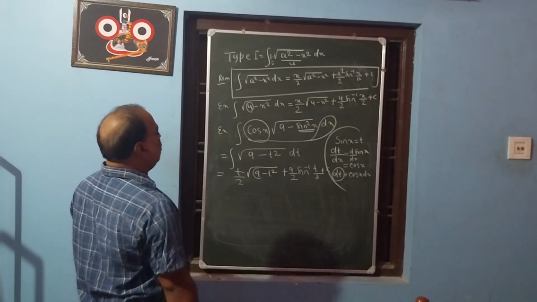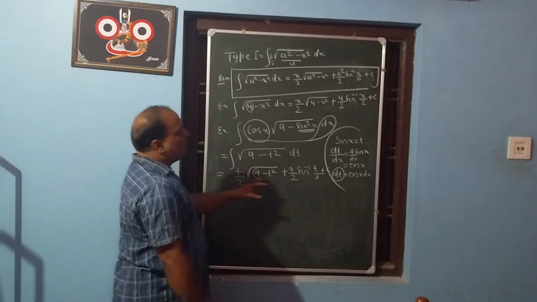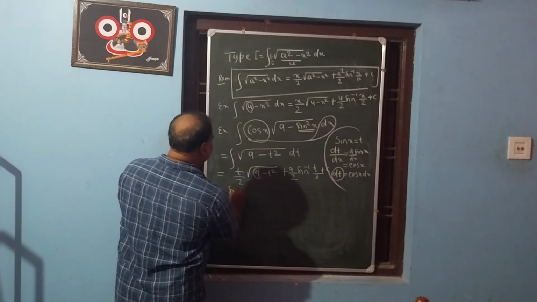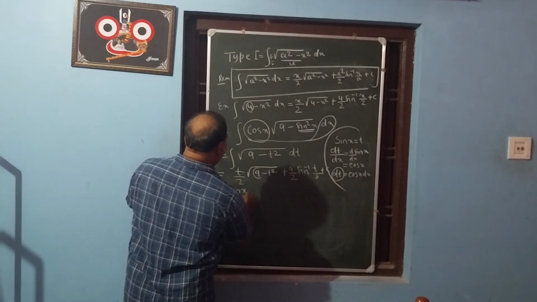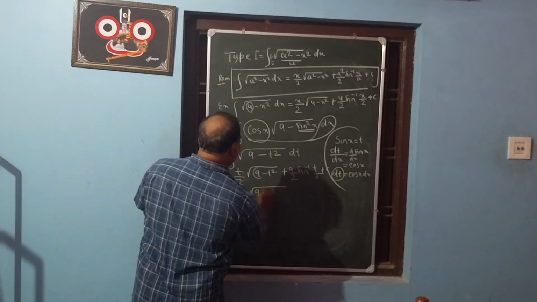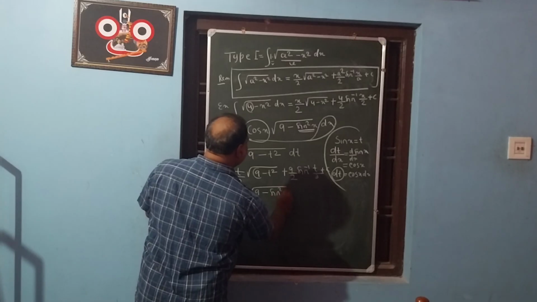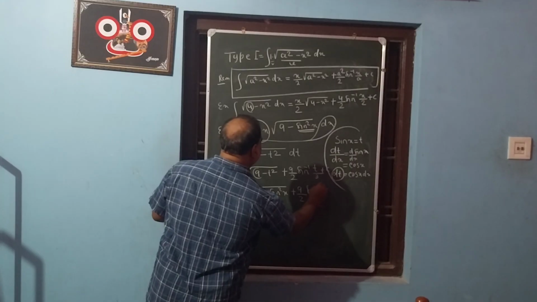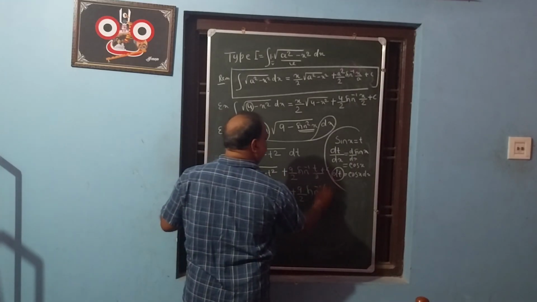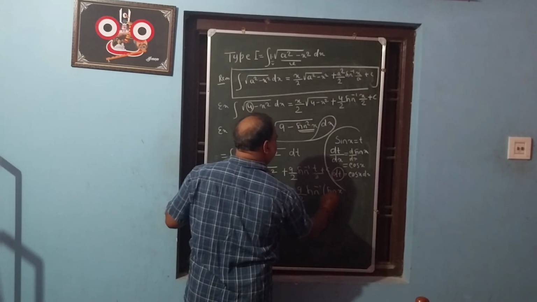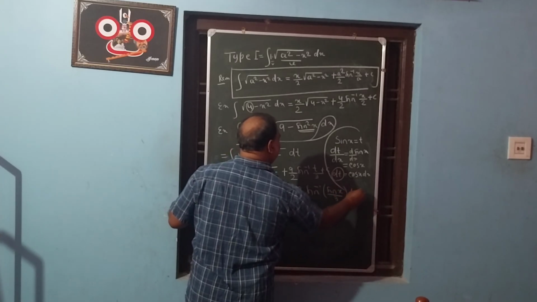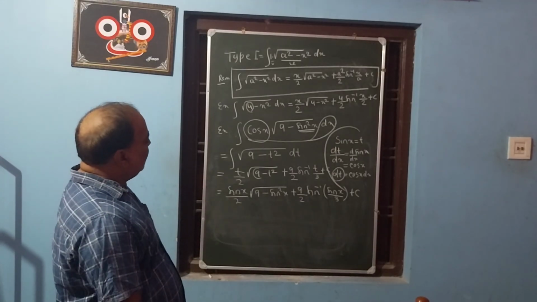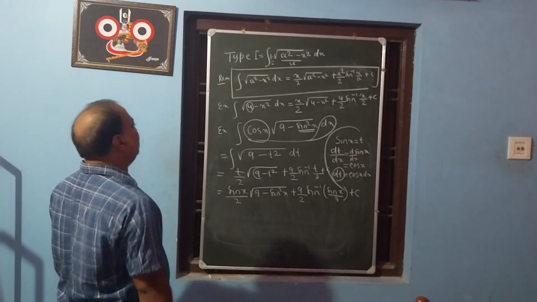Now putting the value of t, that is sin x, we get sin x by 2 root over of 9 minus sin square x plus 9 by 2 sin inverse, in place of t you have to put sin x by 3, plus c. So this is the answer.